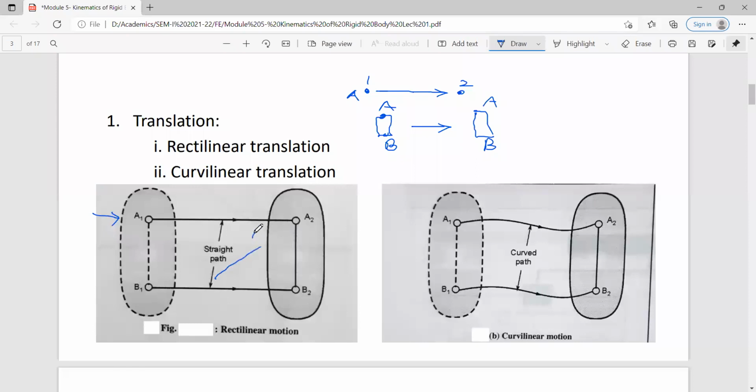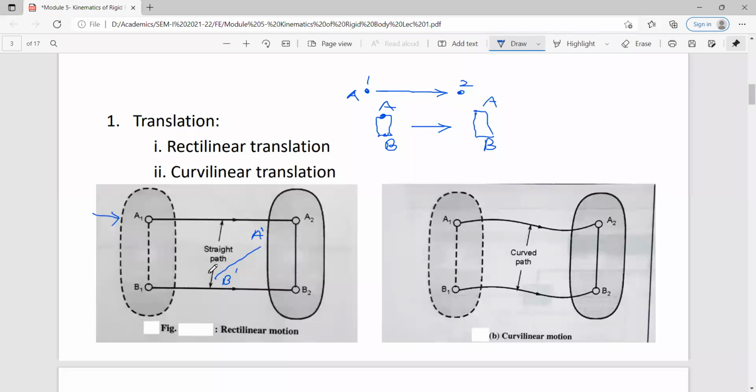This line has not tilted even slightly. Say A dash and B dash, even during its path. So it is the first position, it is the final position, and there will be a number of positions in between them. In every position, you will find the line joining particles A1 and B1 remained vertical during its whole journey.